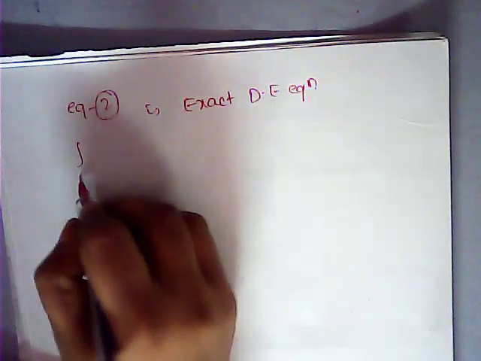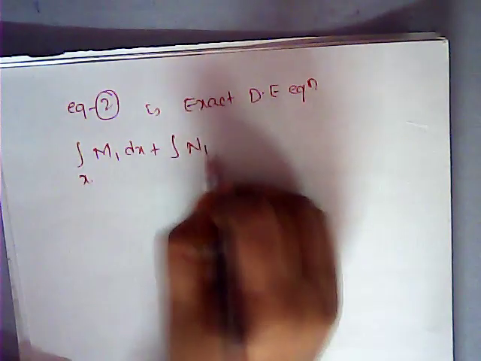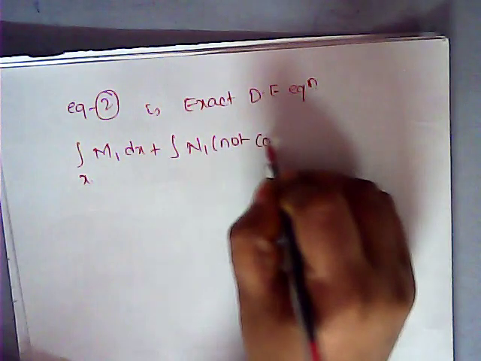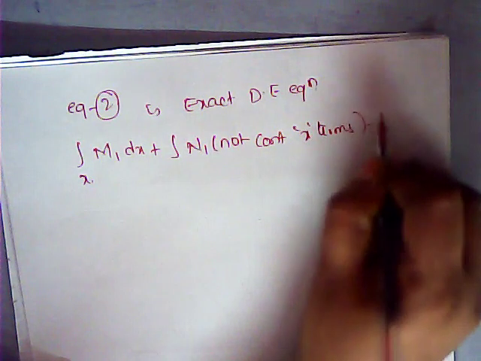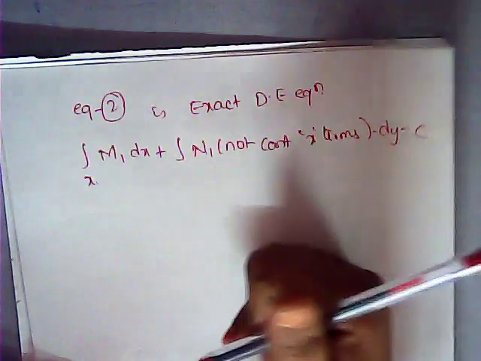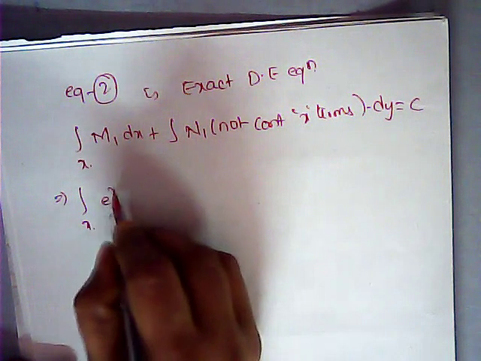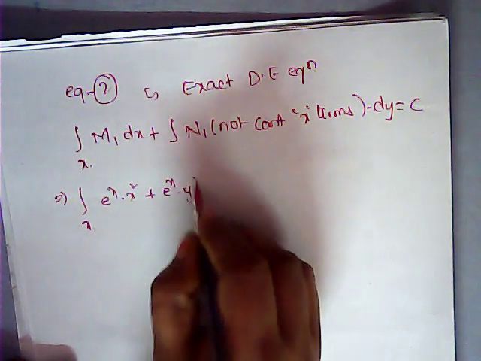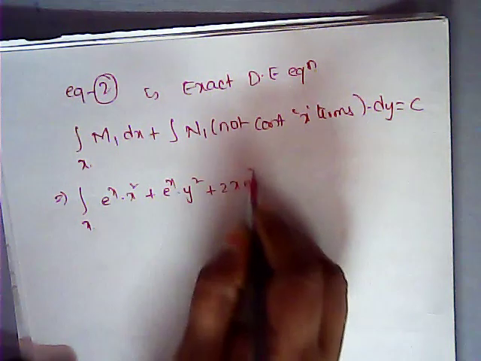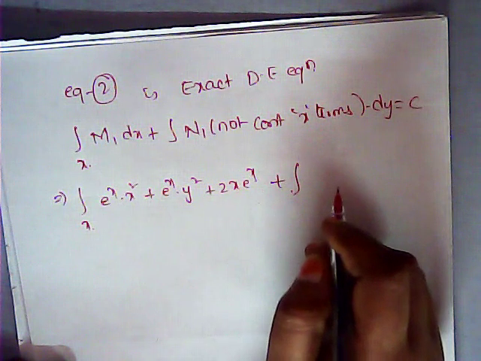After that, go with the general solution formula. What is it? Integration of M1 dx, treating y as constant, plus integration of the terms of N1 not containing x, dy, is equal to c. What are the M1 terms here? M1 is e power x x square plus e power x y square plus 2x e power x, plus the integration of N1 terms not containing x.